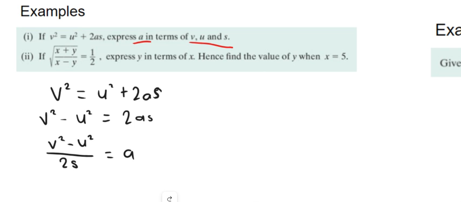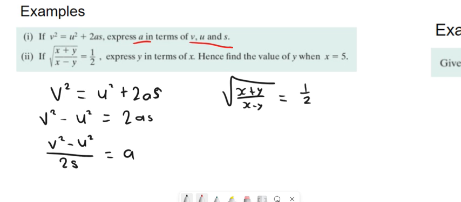The second one looks a bit more awkward. Because we have a square root here, the opposite of square rooting is to square. So if I square both sides here, it'll remove the square root altogether.